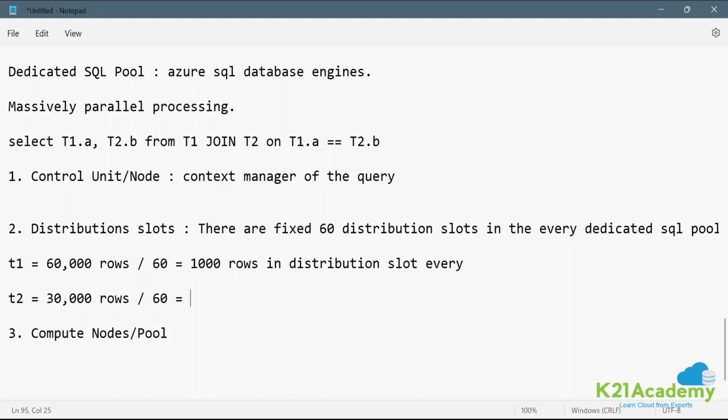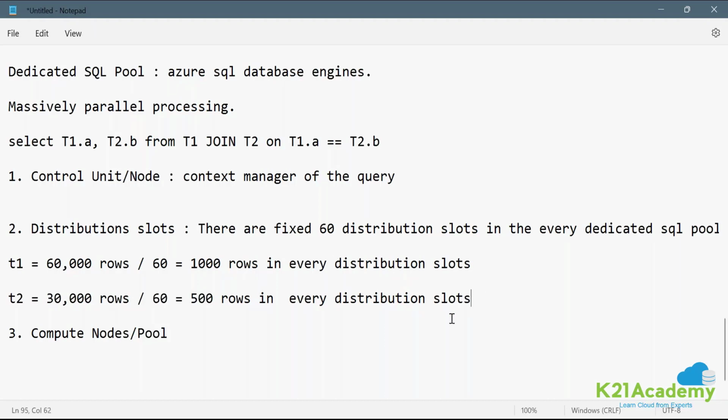Similarly here, how much would that be? 500 rows in every distribution slot. So it's going to fill those buckets, the distribution slots, with that many rows.